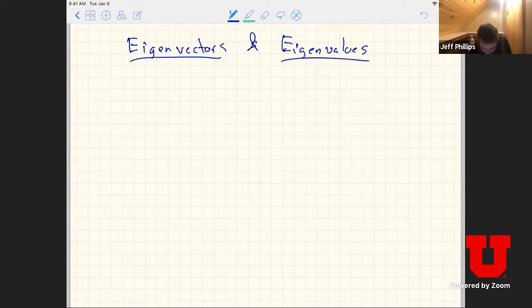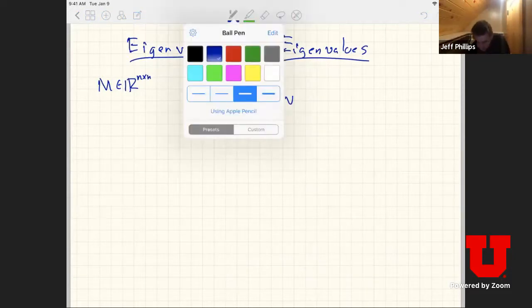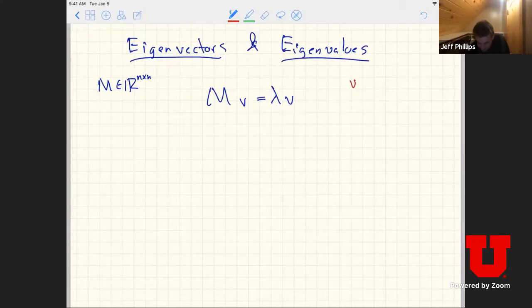So I'm going to have, again, M, which is an n by n matrix. And for these, I'm going to have the property where M v is equal to lambda v. We typically write it this way, where v is a vector in R^n, and lambda is a scalar.